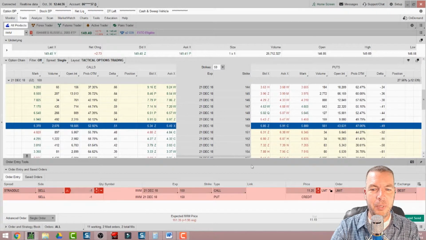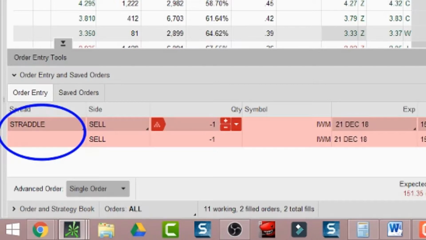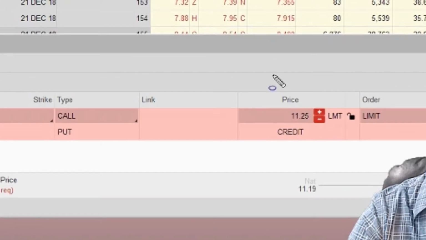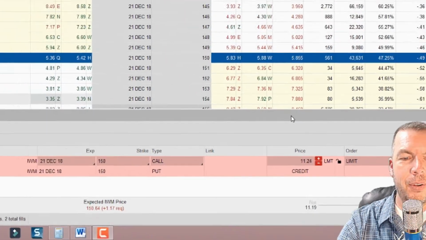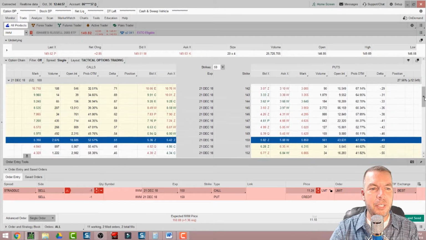So you can see now that we basically have a straddle position. Now a straddle is basically an iron condor without the protective put and call that we're going to purchase here in a minute. So you can see that this straddle is selling for $11.25.